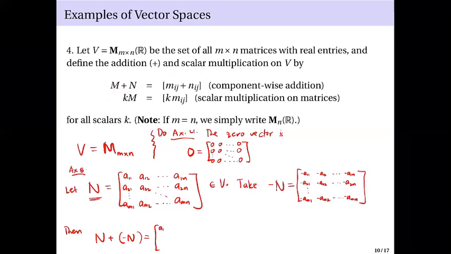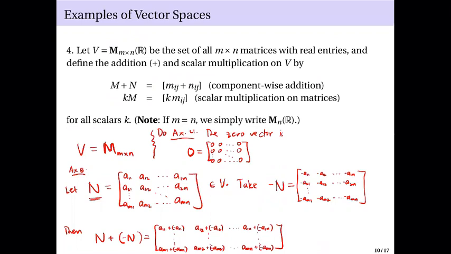So you will have a11 plus negative a11, a12 plus negative a12, until a1n plus negative a1n, and you do this all throughout: am1 plus negative am1, am2 plus negative am2, until amn plus negative amn.